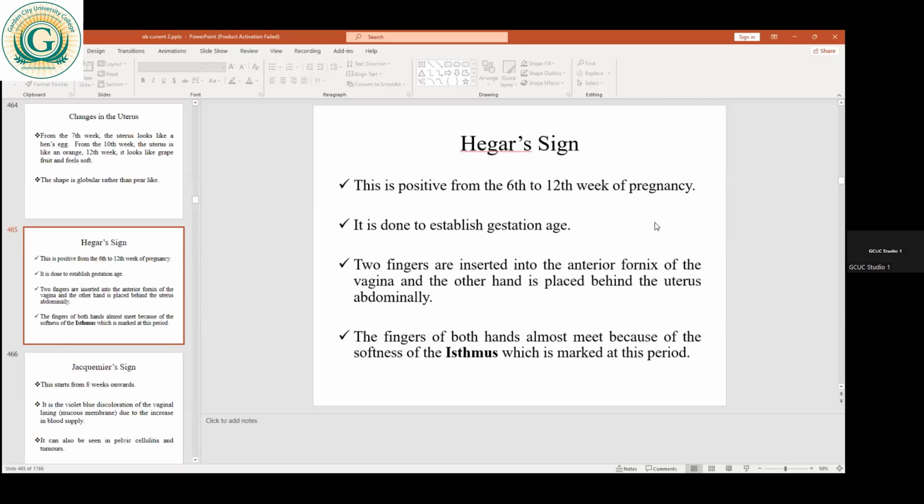You put your hand and almost raise the vaginal wall at the fornix, and you realize that it's very, very soft. Then it is good to tell you that this woman may be pregnant.